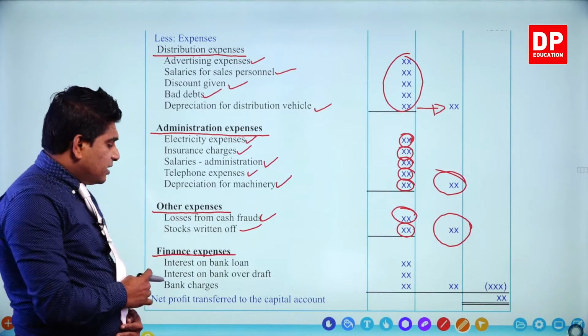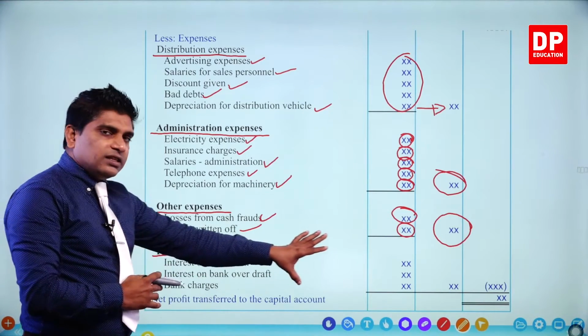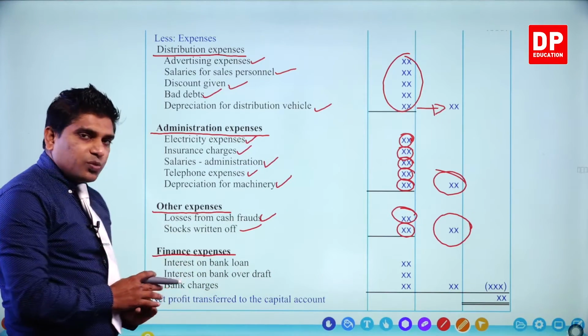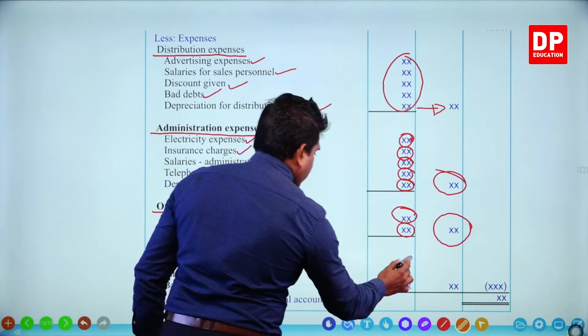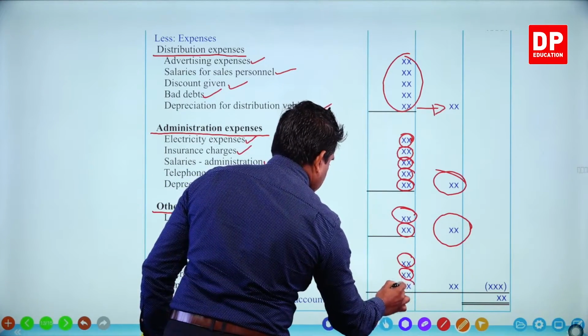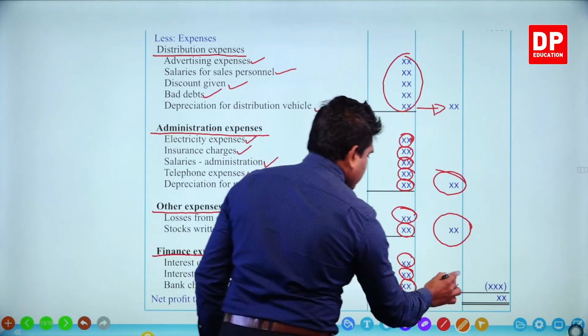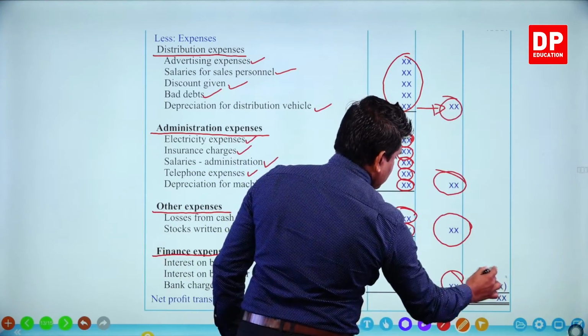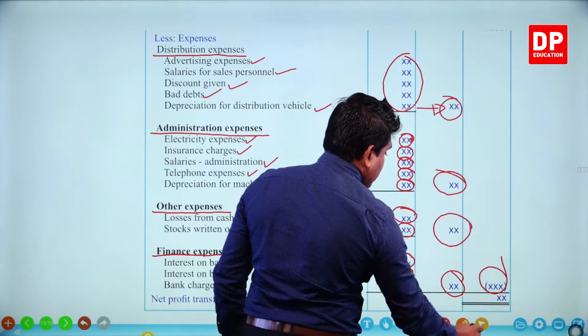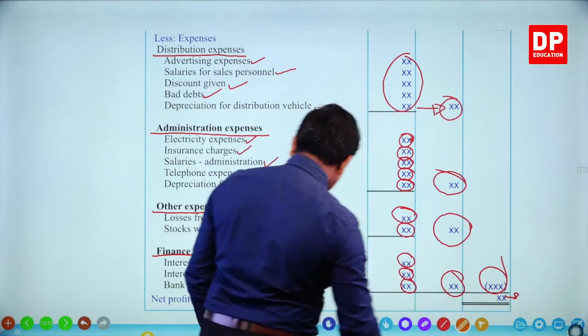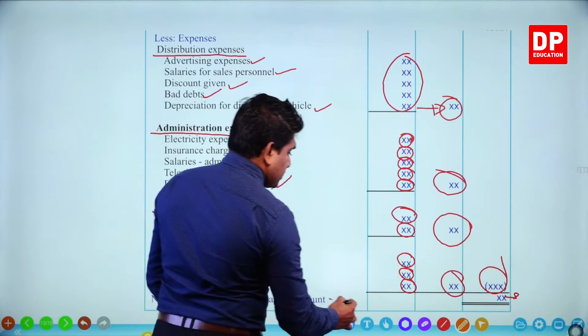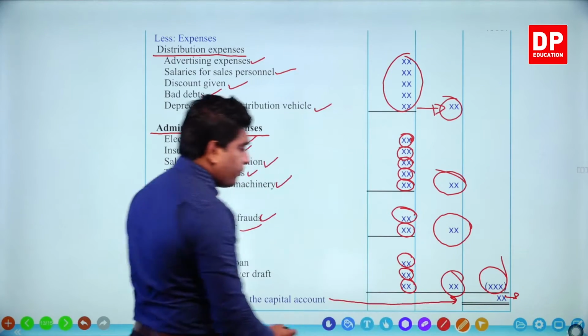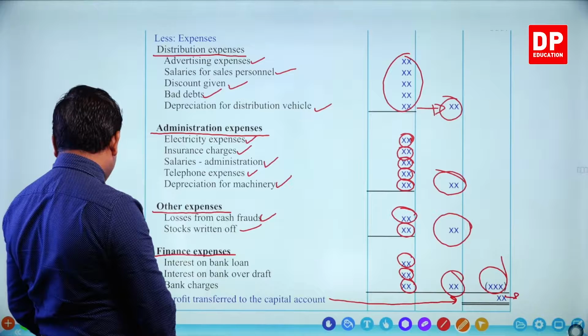All these expenses come under the finance expense category. Their values also we write one by one. Try to understand this simple concept. Then each heading total we bring to the third column. On the top you can see the total income, down you can see the total expense, then you can see the net profit.